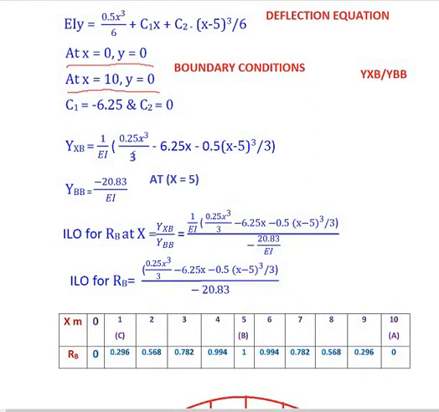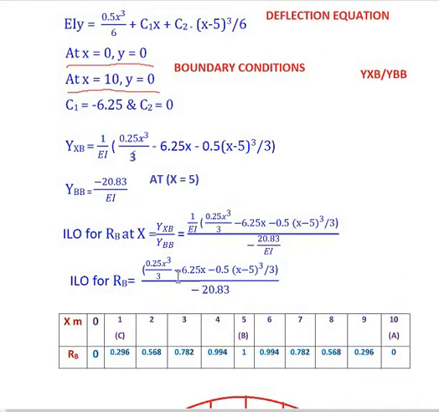In this problem they are asking to find the influence line ordinate at every 1 meter interval. So the starting point of x is 0, after that 1, 2, 3, 4 up to 10. Now we have to substitute the value of x in this equation. First, substituting x as 0, we will get the value 0.